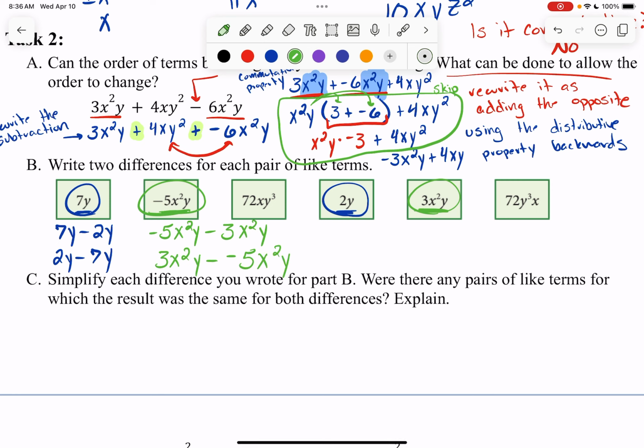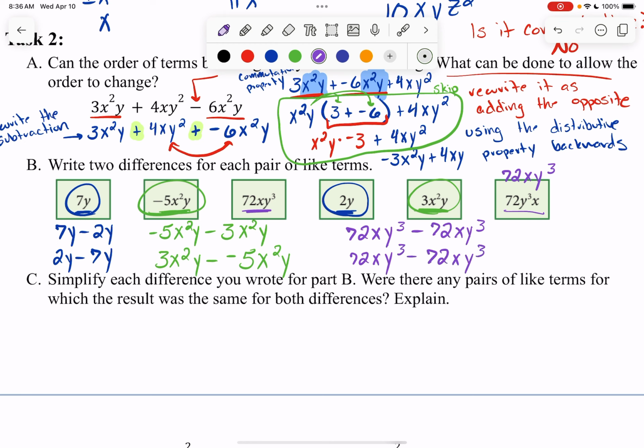And then the last one, that's xy to the third. This one is xy to the third. I'm just going to flip-flop them. So 72xy to the third minus 72xy to the third, or if I flip it around, 72 minus 72. Wait a second. Those are the same thing.